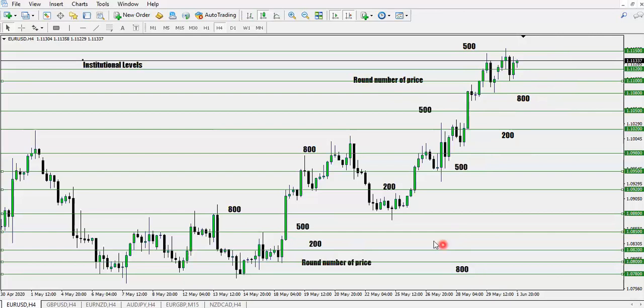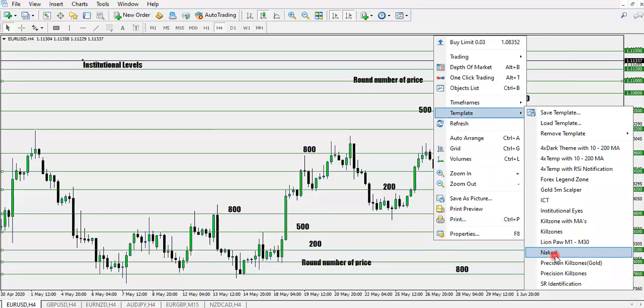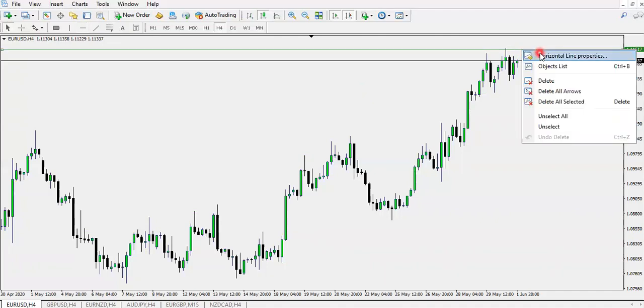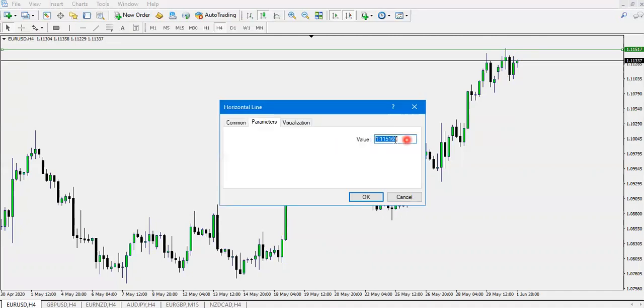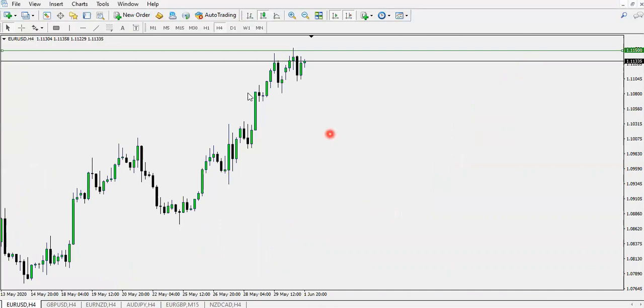So for the purpose of this video, I'm just going to clear up this chart and show you the institutional levels that EU is currently trading on. And you can see the reactions of these zones.